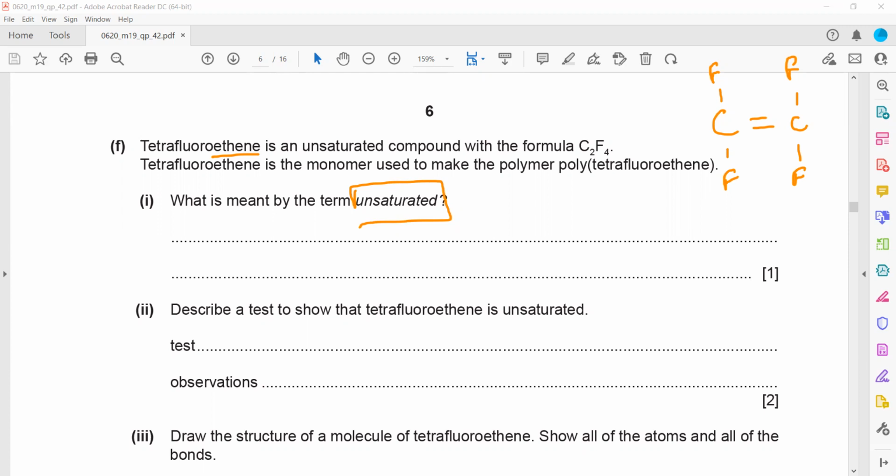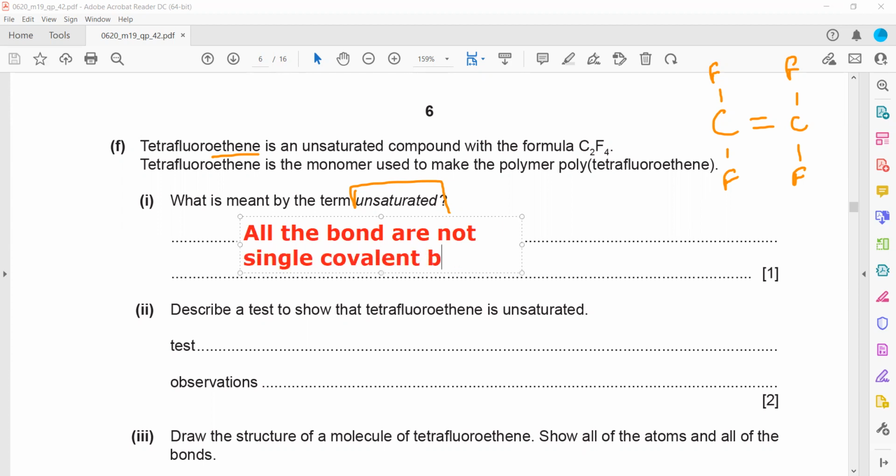Or we can also say not all of the bonds are single bonds. You may find a double bond or a triple bond within the structure, you don't find all of the bonds as single bonds. So we call that compound an unsaturated hydrocarbon.